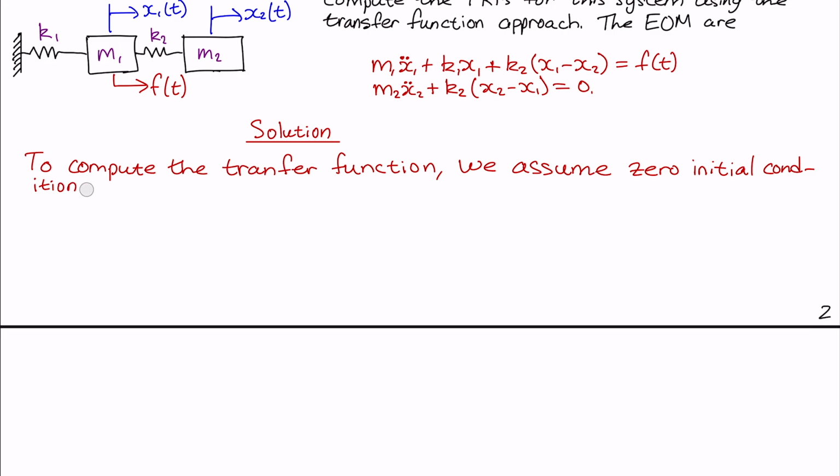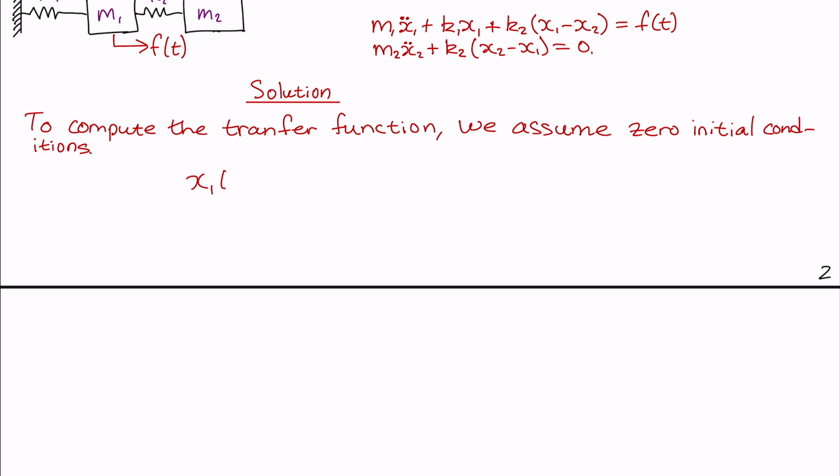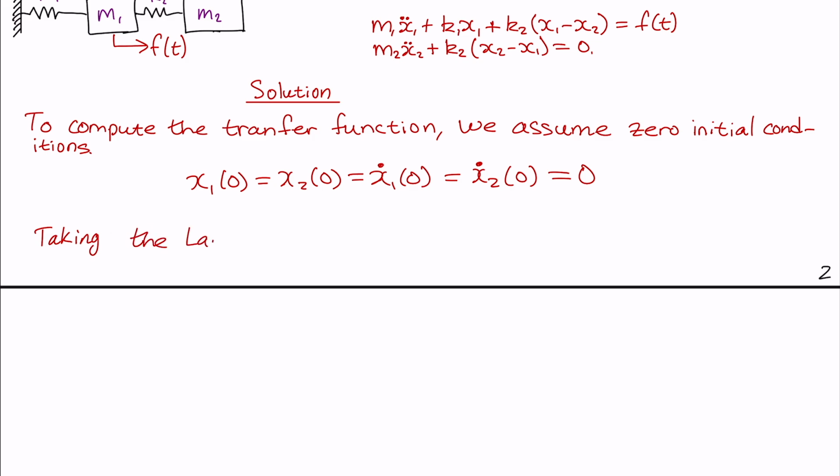Meaning that the initial displacements and initial velocities are both 0 for both masses at time t equals 0. Or, we'll just write it out: x1 of 0 equals x2 of 0 equals x1 dot of 0 equals x2 dot of 0, and those are all equal to 0. From here, we're going to take the Laplace transform of each side. So we'll just write taking the Laplace transform of each equation.